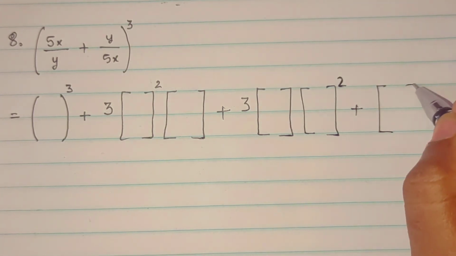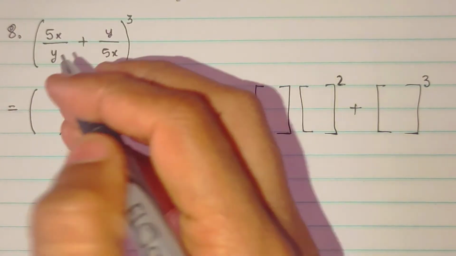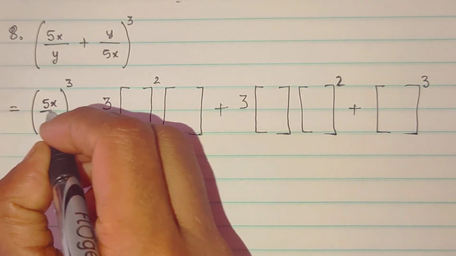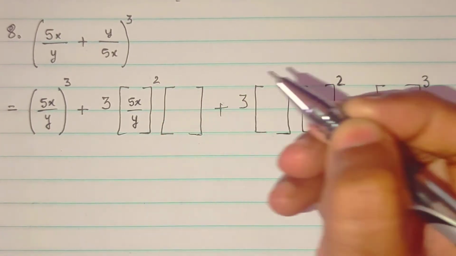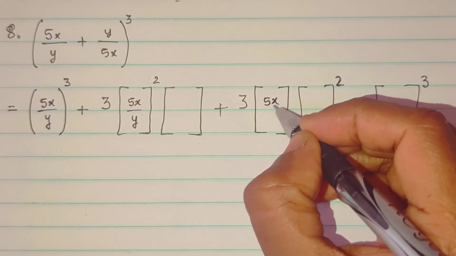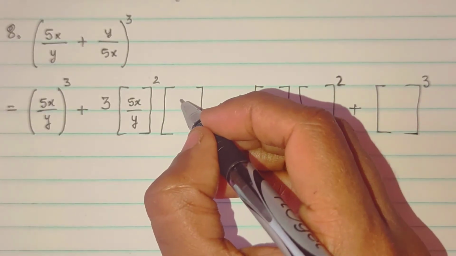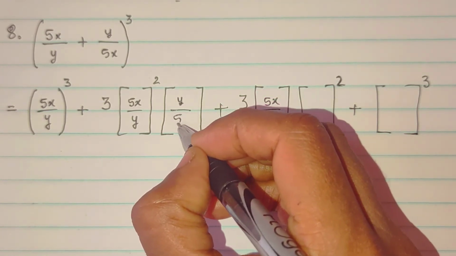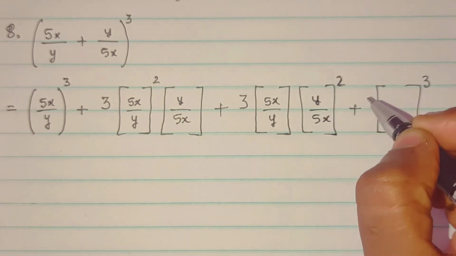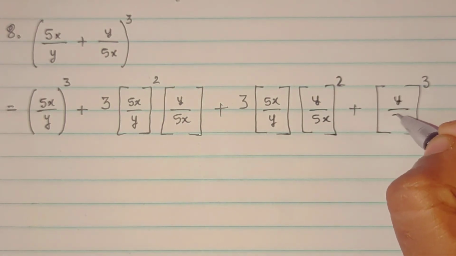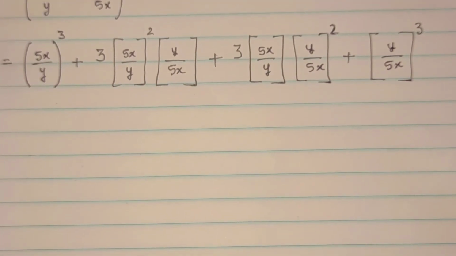The last one is b cube. So a is what? 5x upon y, 5x upon y, 5x upon y, and b is what? y upon 5x, y upon 5x, y upon 5x. Now further we have to solve it.